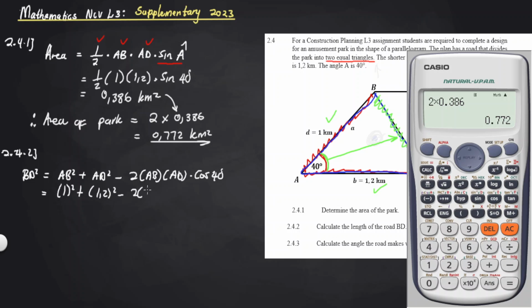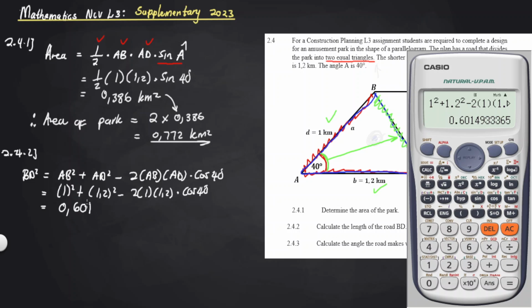So it's 1 squared plus 1.2 squared minus 2 times 1 times 1.2 times cos 40 degrees, which is 0.601.